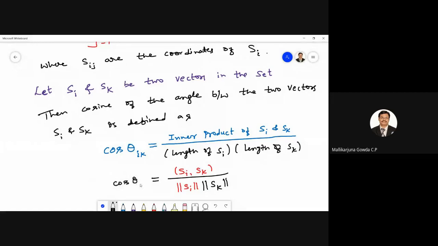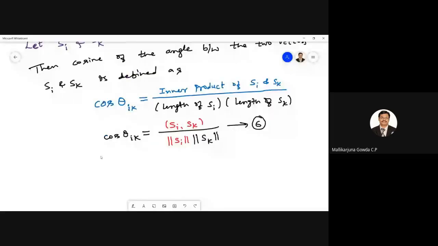Let me call this equation 6. This cos theta ik is known as the correlation coefficient.